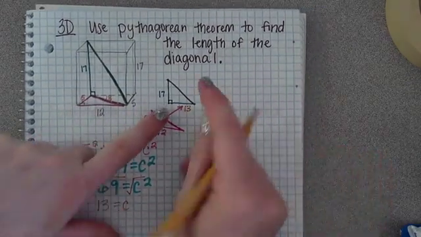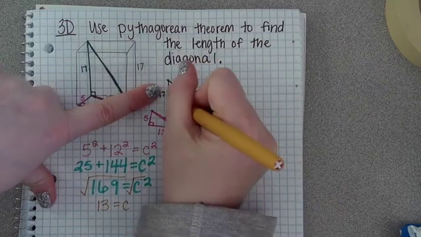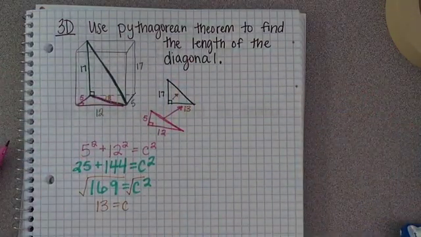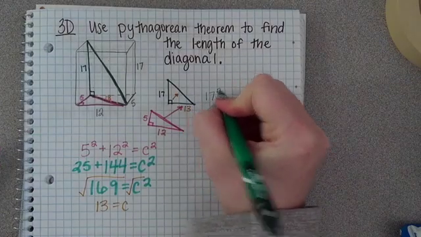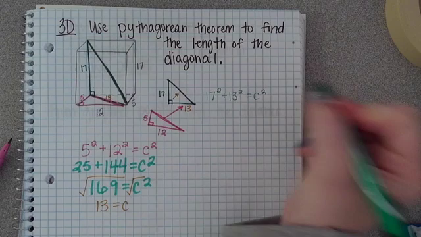So then we need to do the Pythagorean theorem again to find this hypotenuse. So we're going to do 17 squared plus 13 squared equals c squared.